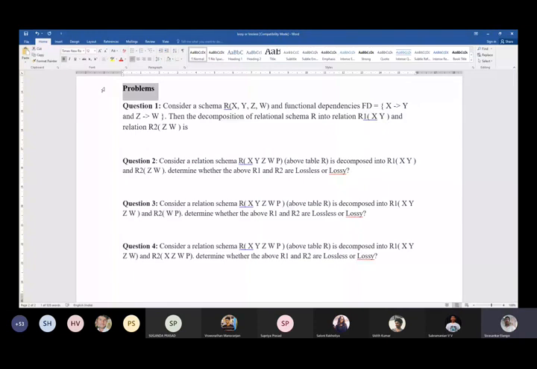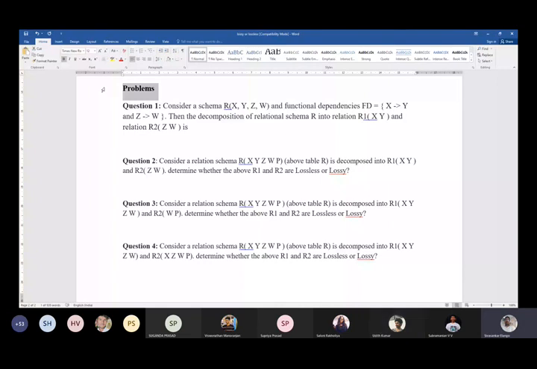So consider a schema R with attributes X, Y, Z, W, and functional dependencies that exist on the relation: X determines Y and Z determines W. So you need to identify whether the decomposition of the relation schema R into relation XY and relation ZW is lossy or lossless.